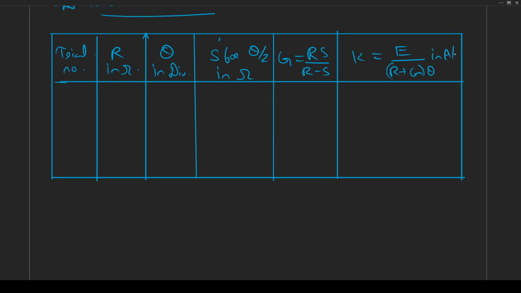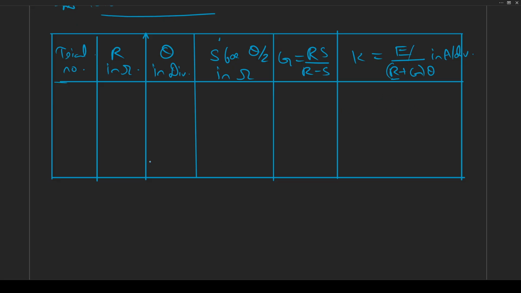This is in ampere per division. We find the G value and we already have the R value. This is fixed, E value is fixed. We just take numerous trials and we will get different values.